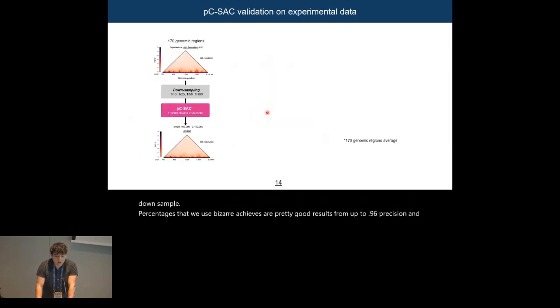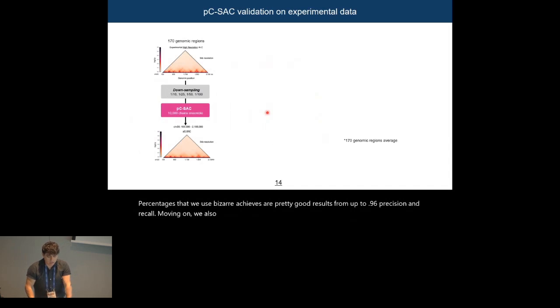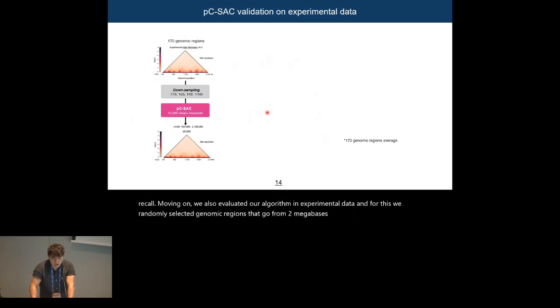Moving on, we also evaluated our algorithm in experimental data. And for this, we randomly selected genomic regions that go from 2 megabases to 3 megabases. And we applied a similar strategy. We downsampled in different rates, and we reconstructed the high resolution matrices using pC-SAC.